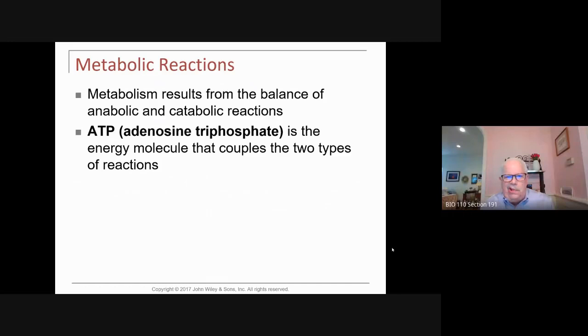So it's a combination of anabolism and catabolism. And it produces energy. And the energy that it produces is ATP, adenosine triphosphate. So whenever you see the word ATP, it's energy.